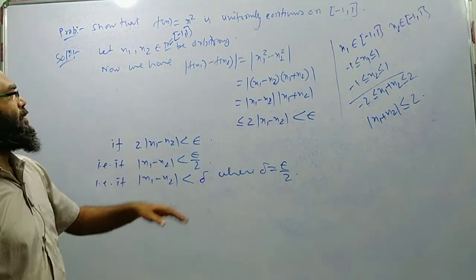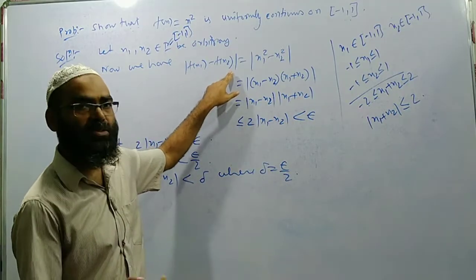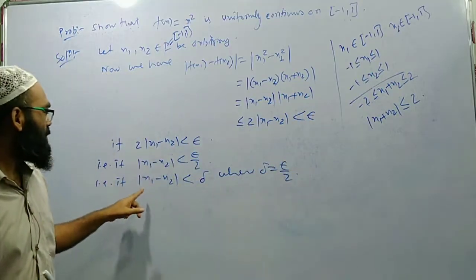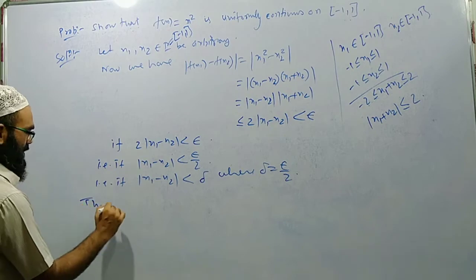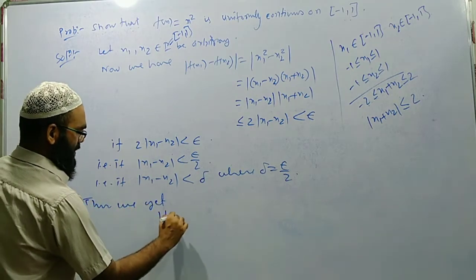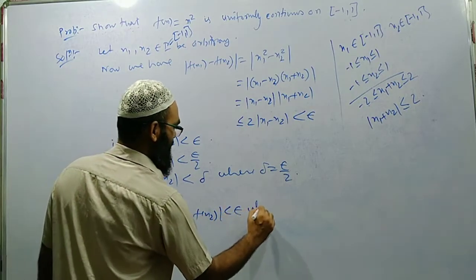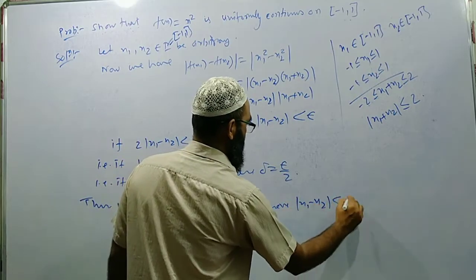So we get that modulus of f(x1) minus f(x2) is less than epsilon whenever mod of x1 minus x2 is less than delta.